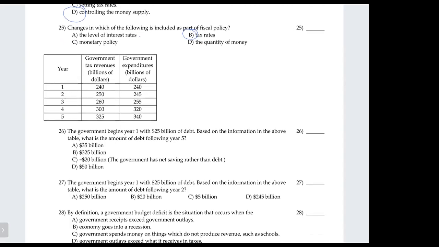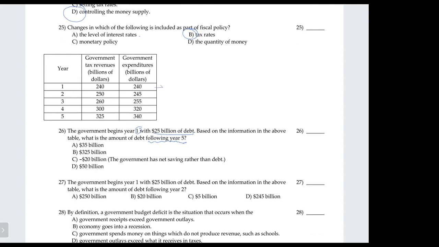Now 26. I think it's the same question, but asks slightly different things. Let's see. The government begins year 1 with 25 billion debt. Oh, so now it asks you what happens following year 5. Okay. So what do you need to do? So we can repeat these, just have another practice.